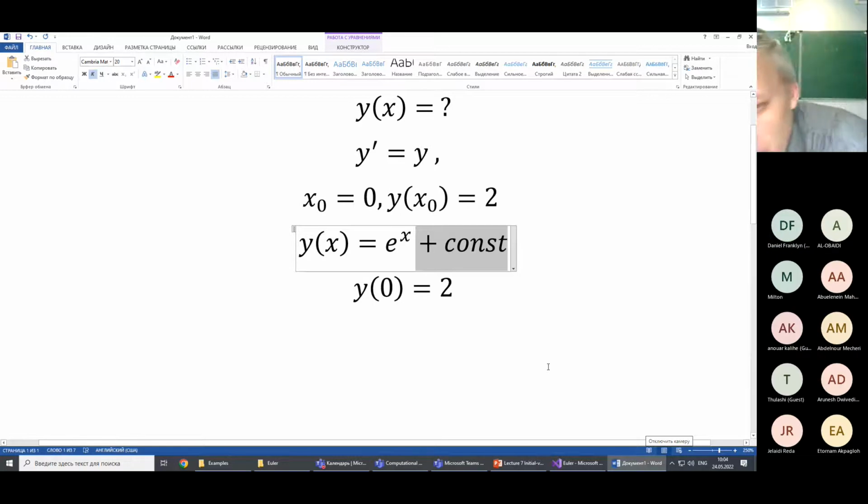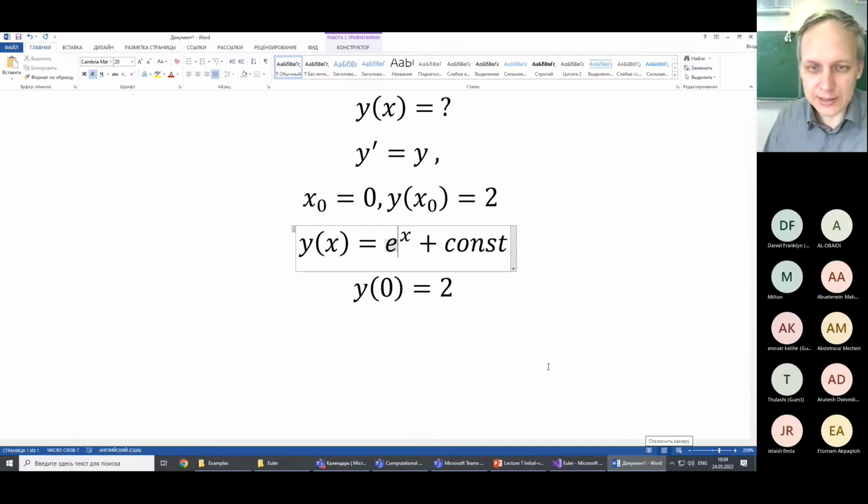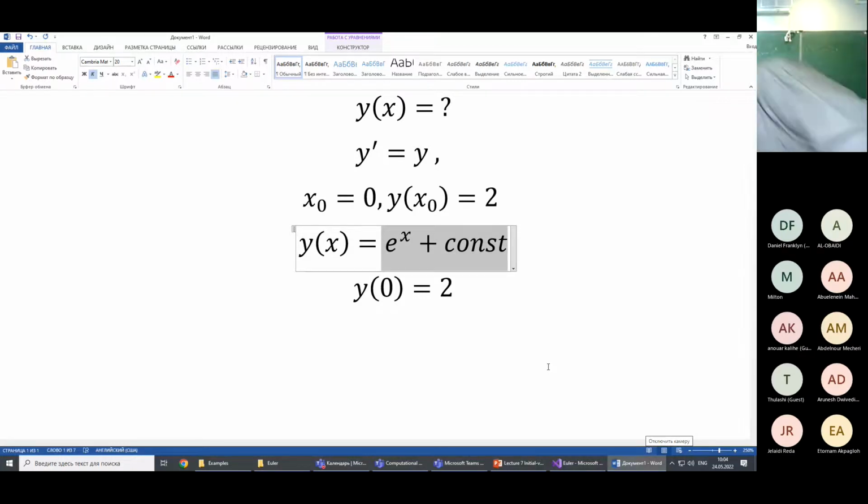If you consider e power x plus constant, what will be the derivative? The derivative of e power x plus constant equals e power x without the constant, because the derivative of a constant equals 0. And we have that y prime equals y.